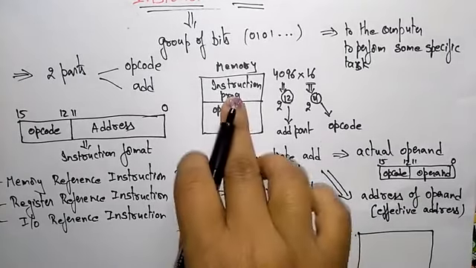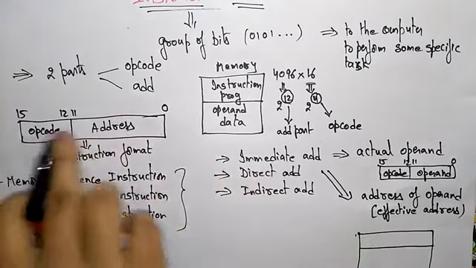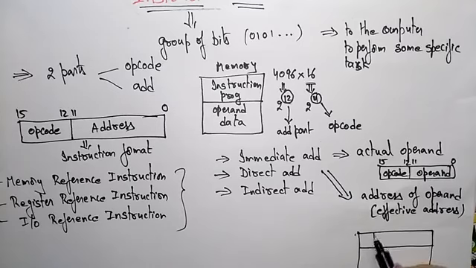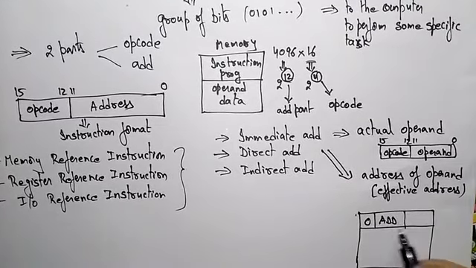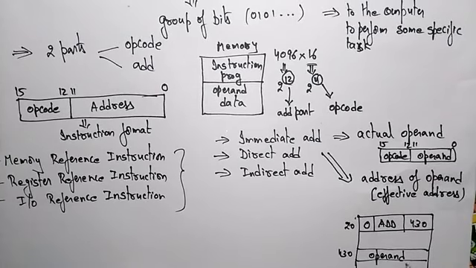Just suppose this is a memory location, where I said this is the instruction program. The instruction may be, suppose, add 430. This is some memory location, and in the particular location 430 you have the actual operand. The actual data will be present.